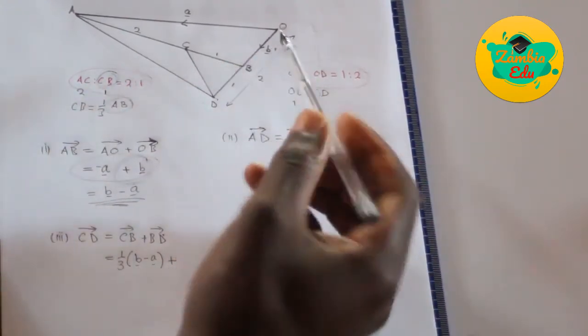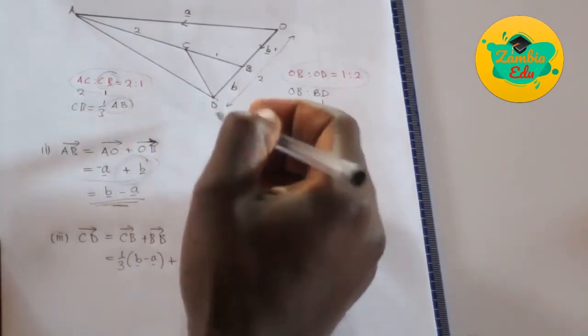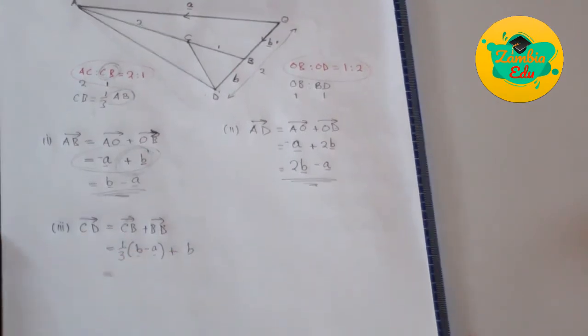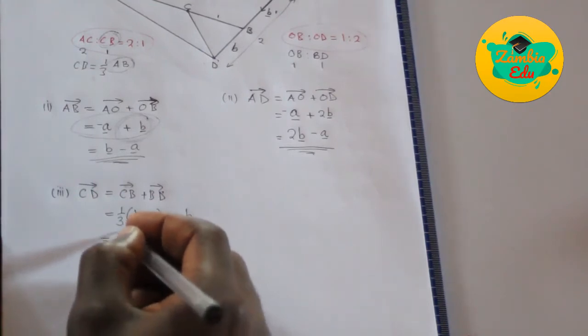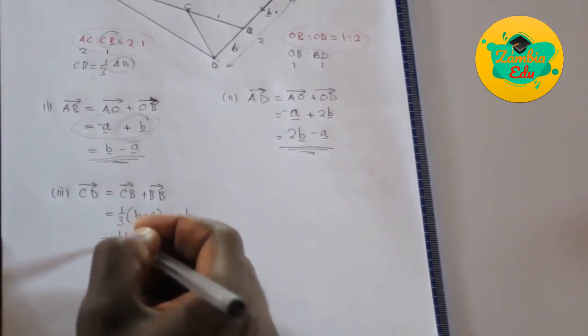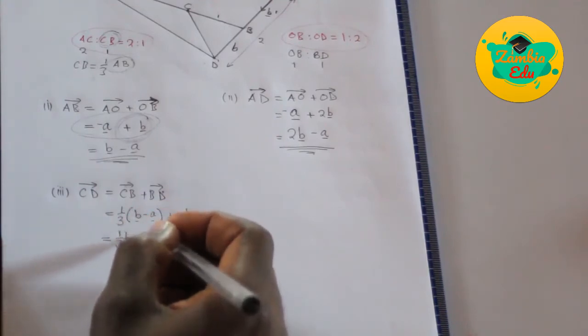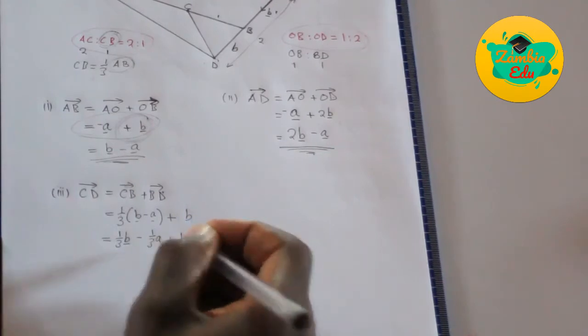So if that is B, it means that that is also B. So our BD is B. This is going to give us 1 over 3 times B, 1 over 3 B, minus 1 over 3 times A. It's going to give us 1 over 3 A plus B.